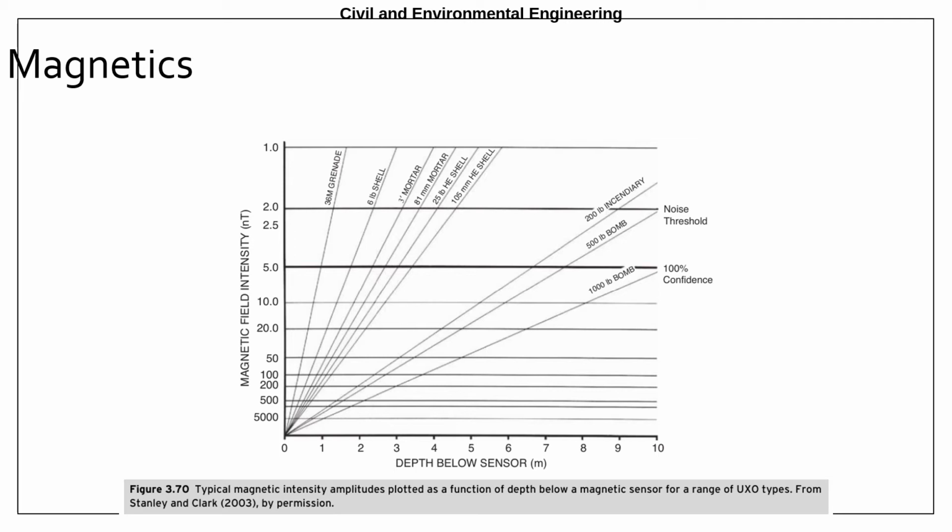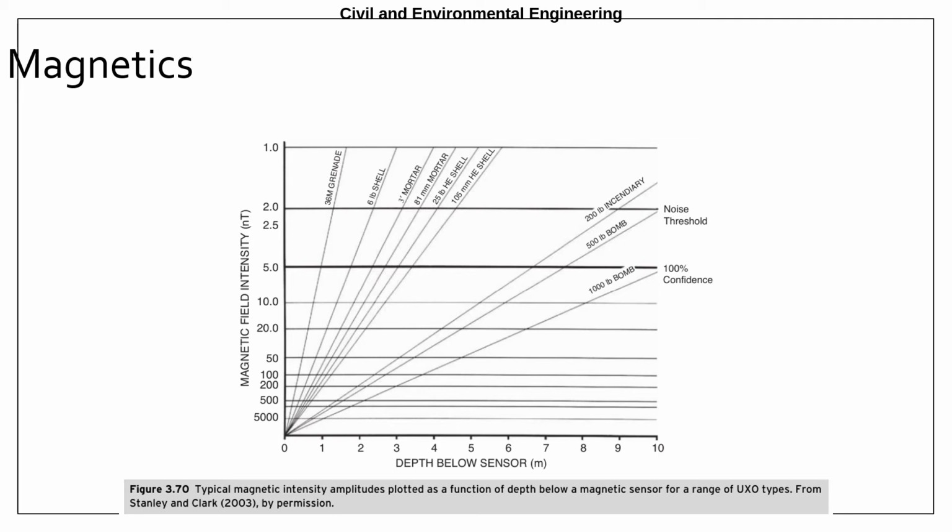Okay, so let's say, for example, they were constructing a mall, and they suspected that since the mall site is a former World War II base, there might be bombs in the area, and they think that there are 1,000 pound bombs in the area. All right, so you're looking for 1,000 pound bombs, and you know that the area has a soil layer that is at most 6 meters deep.